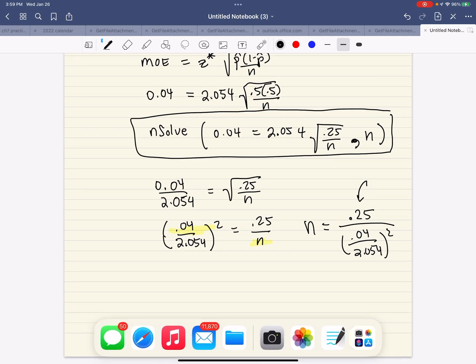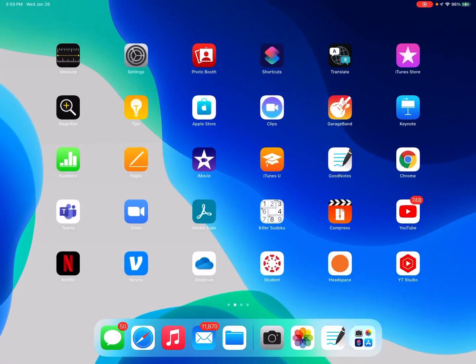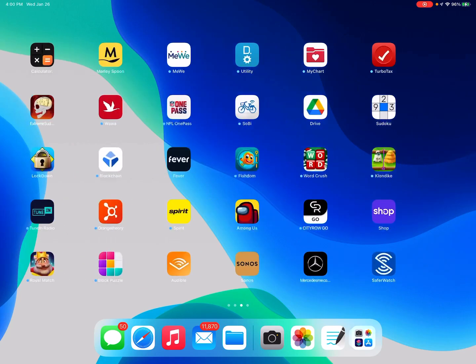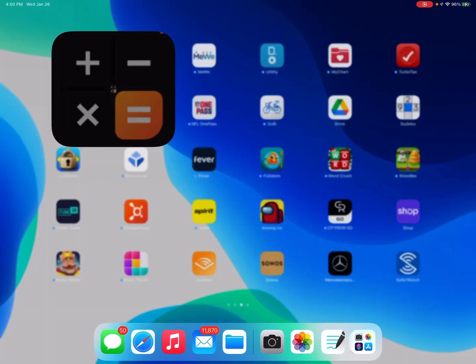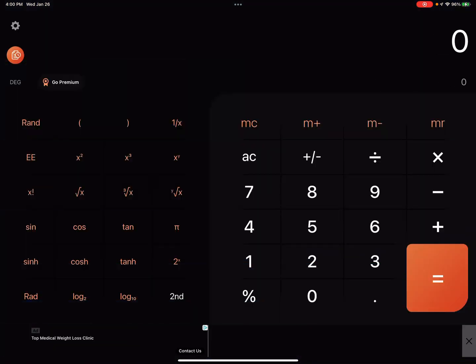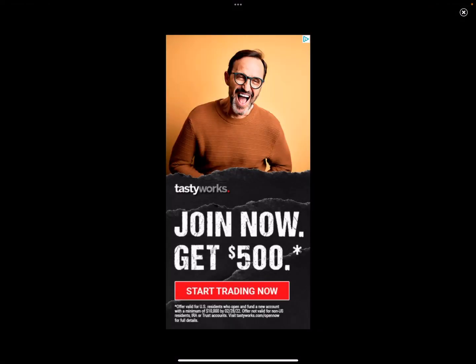So let's go to a calculator. I'm just jotting it down so when I get to the calculator I can see the numbers. Where's my calculator? I've got a lot of apps on here, don't I? Here it is. In my calculator app, I'm going to work with the denominator first.